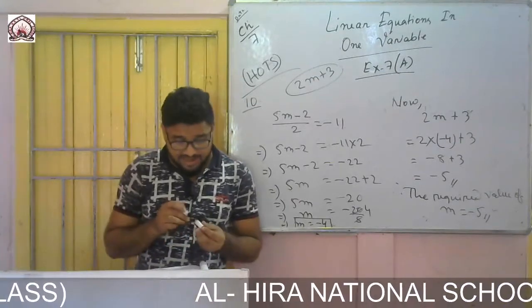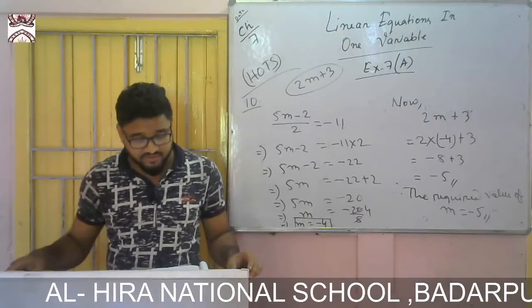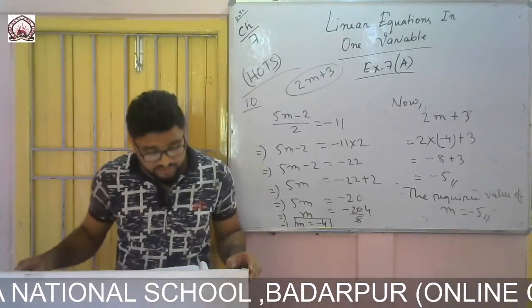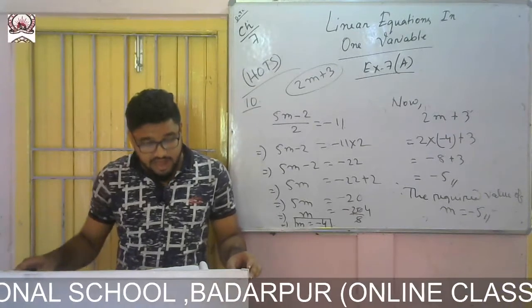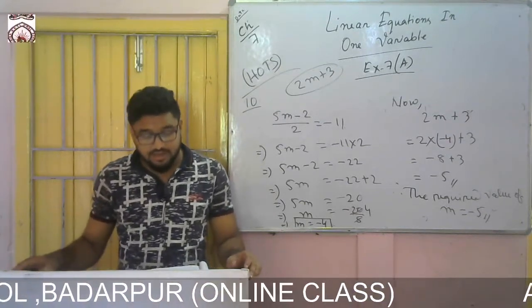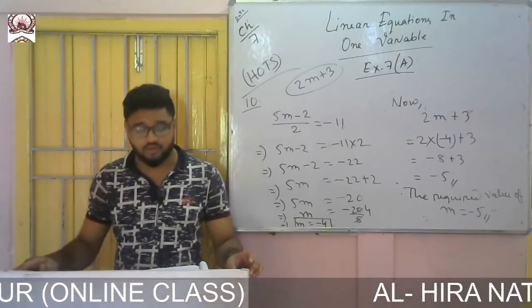The sum of Raju's age and Ashu's age is 25 years. Sorry, the sum of Ritu's age and Ashu's age is 25 years. Ritu is 12 years old. Write an equation to find Ashu's age.